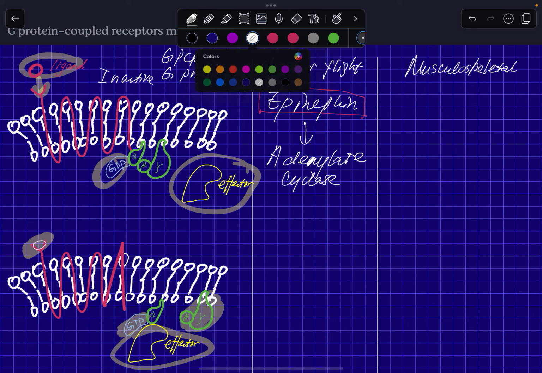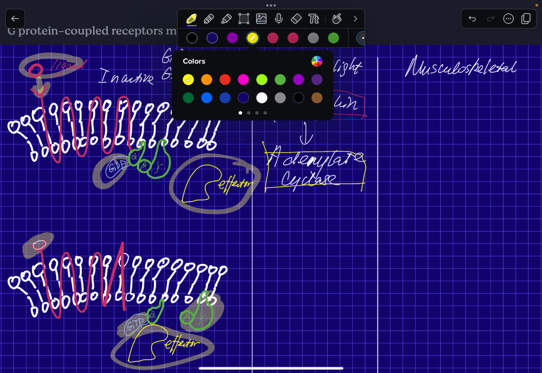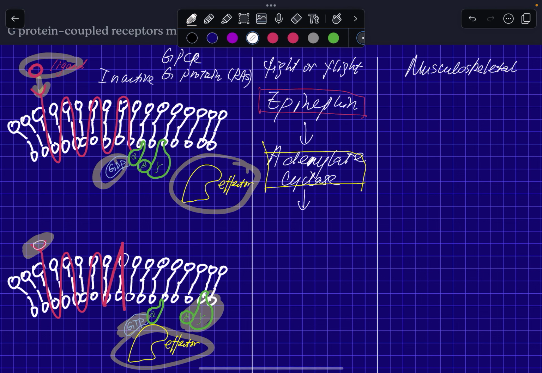This effector enzyme binds to the alpha subunit and causes the turning of ATP into cAMP. cAMP is cyclic adenosine monophosphate.